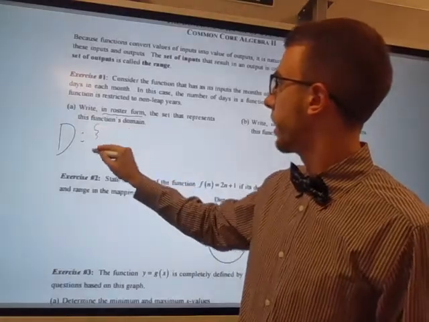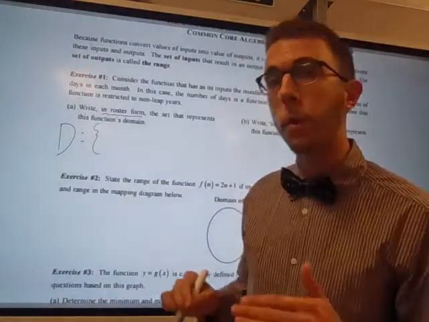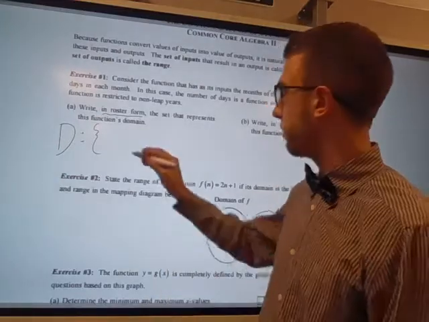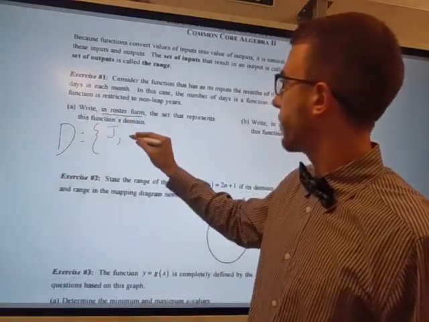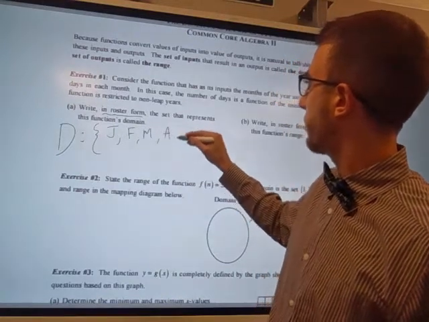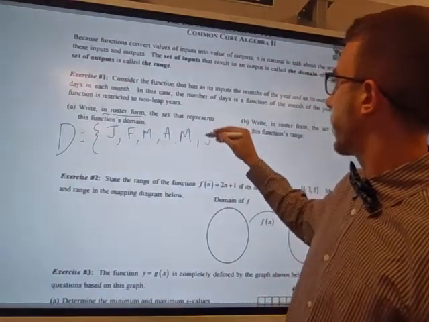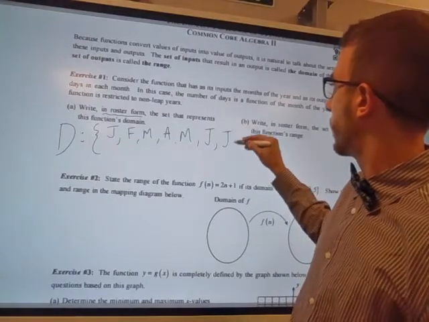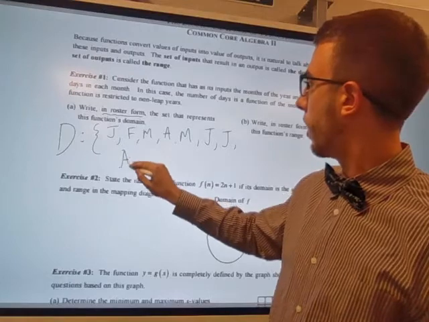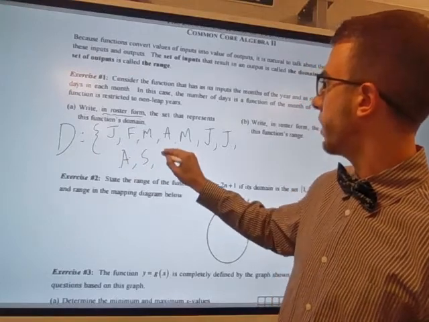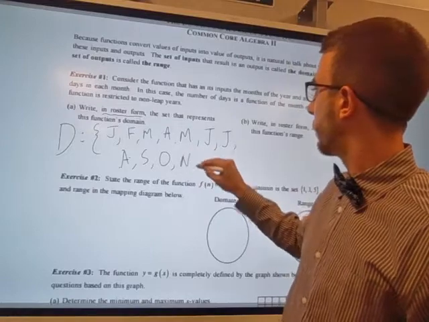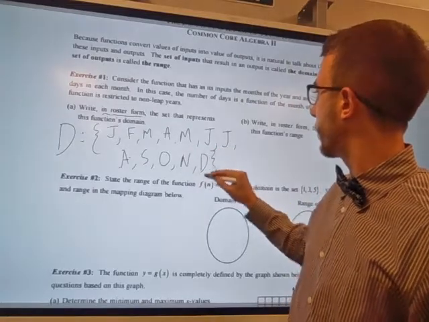So our months of the year. I'm going to shorthand this just because it would take a little too long to write out the full months. So we have J for January, F for February, March, April, May, June, July, August, September, October, that's where we are now, November, and December.